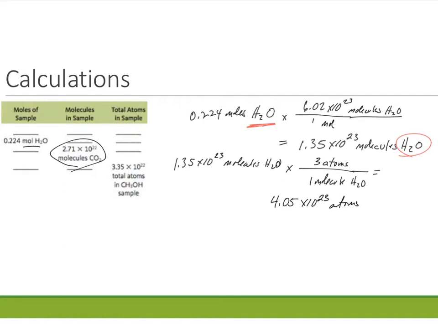Let's do the next problem: 2.71 times 10 to the 22nd molecules of CO2. Let's turn that into moles. We want to turn that into moles, so mole needs to go on top: 1 mole, and then Avogadro's number will be on the bottom, 6.02 times 10 to the 23rd molecules of CO2 for every 1 mole of CO2.